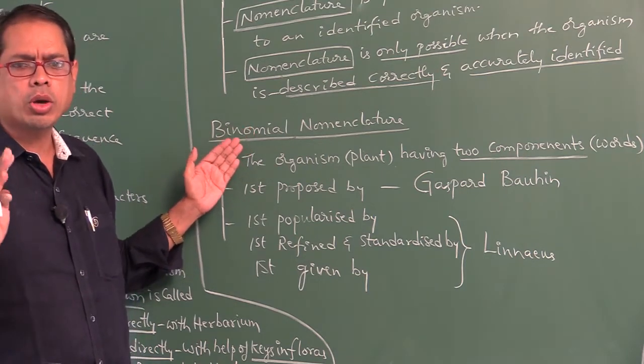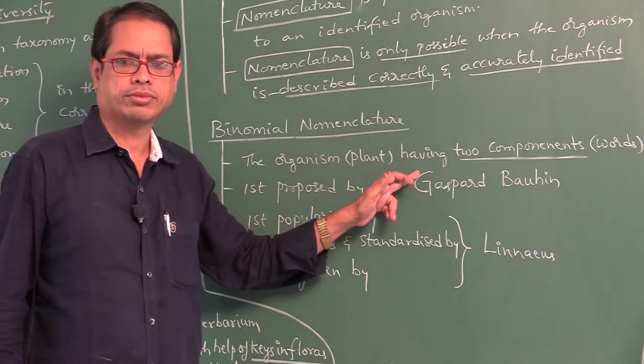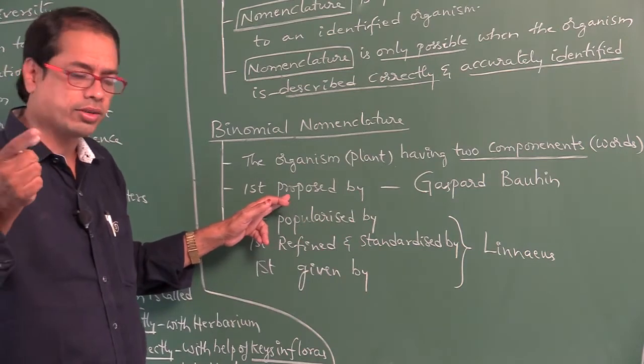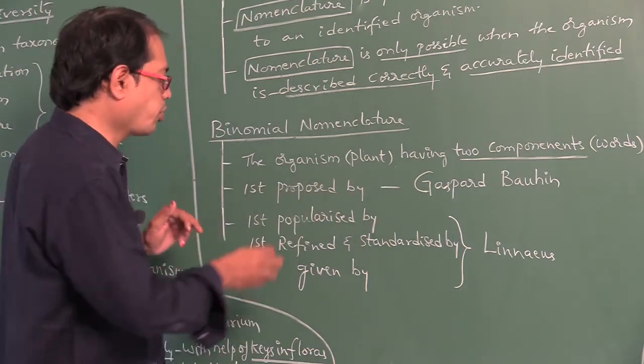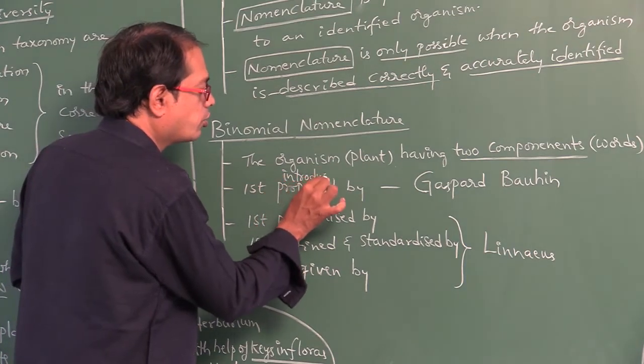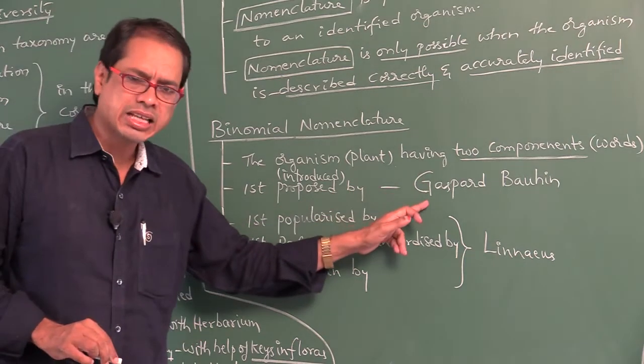This binomial nomenclature was first proposed, first introduced, by Gaspard Bauhin.